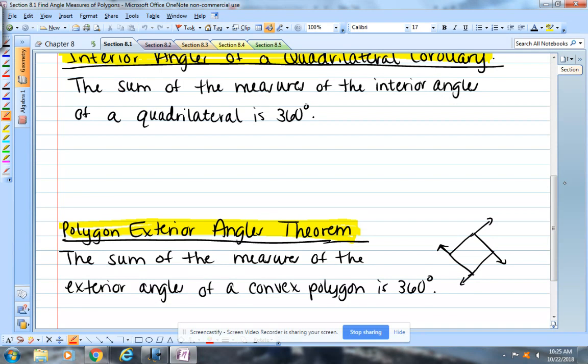Do y'all remember exterior angles? If we take a polygon and extend the sides, we have exterior angles. So all of the exterior angles of a quadrilateral, which would be, let me mark them, this one, this one, this one, and this one, they would also add to be 360 degrees.